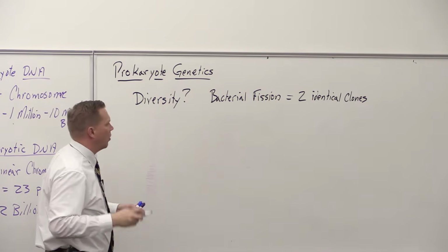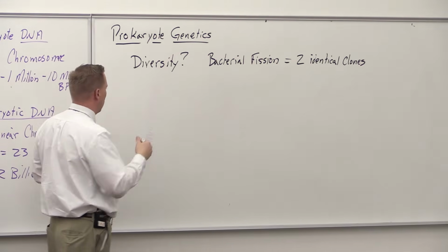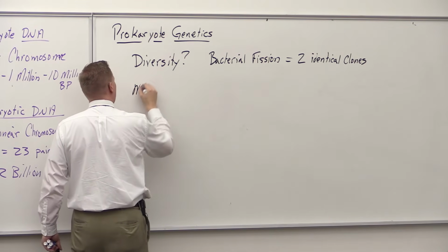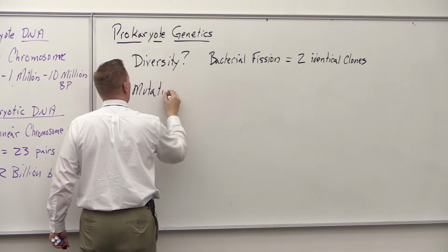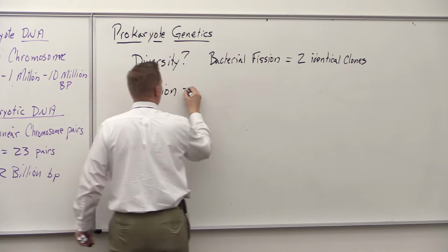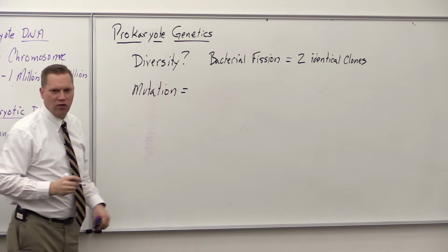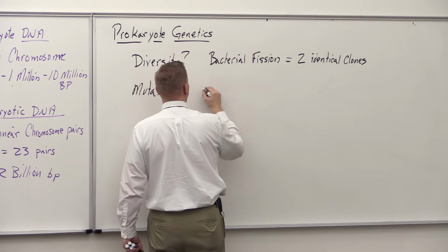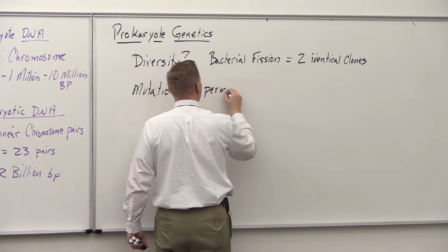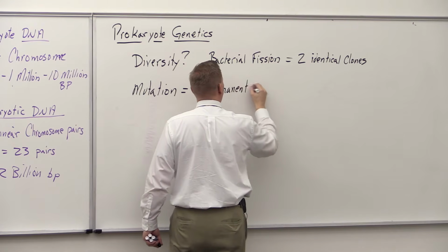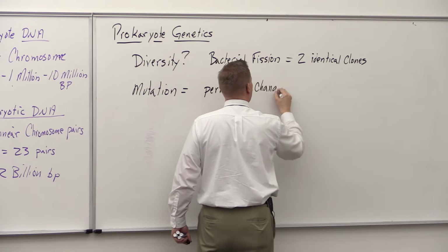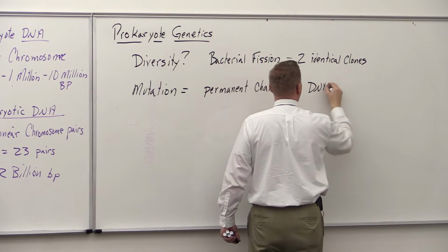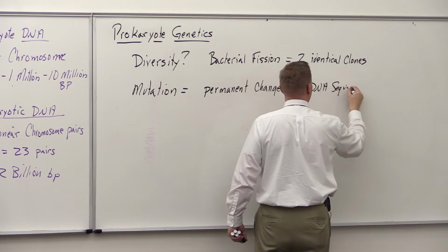Now, there's sort of two responses to this. First of all, when you talk about changes in the sequence of DNA, that's referred to as mutation. So mutation is defined as more or less permanent changes in the DNA sequence.